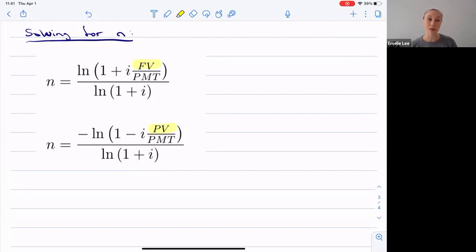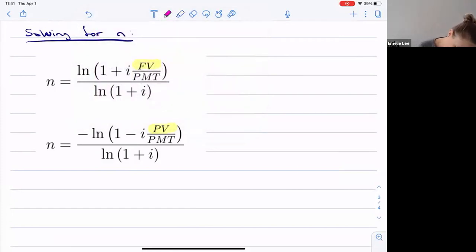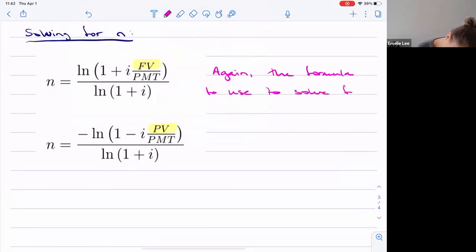And so the formula to use to solve for n depends on if you know the future value or the present value.